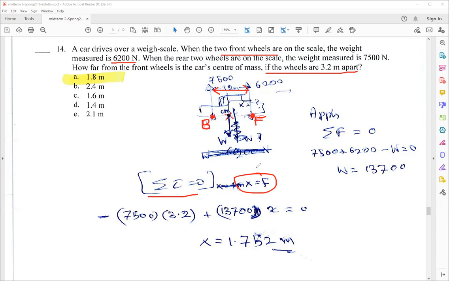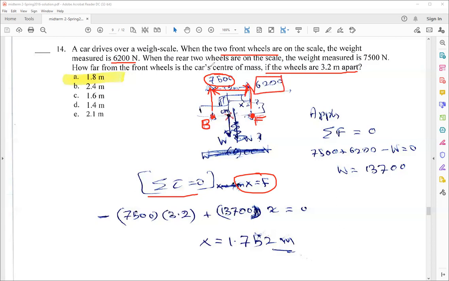Now, in this case, I have the two normals given by the scales. The two normals will be these vectors pointing up: 7,500 coming from the back, or the rear, and 6,200 coming from the front.